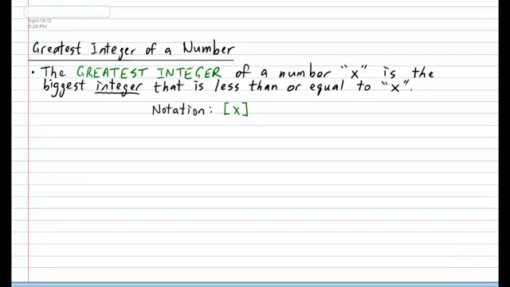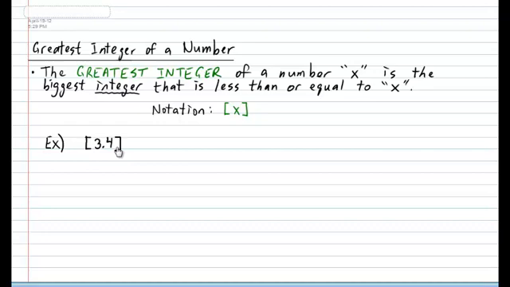So I'd like you to put example. Now, suppose I wanted to know what is the greatest integer of the number 3.4. According to the definition, I'm looking for an integer, the biggest one possible, that is either less than or equal to 3.4.